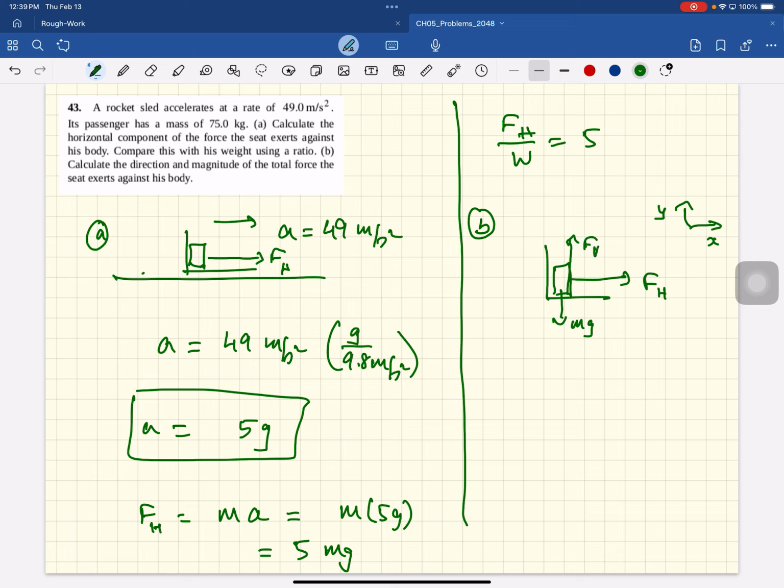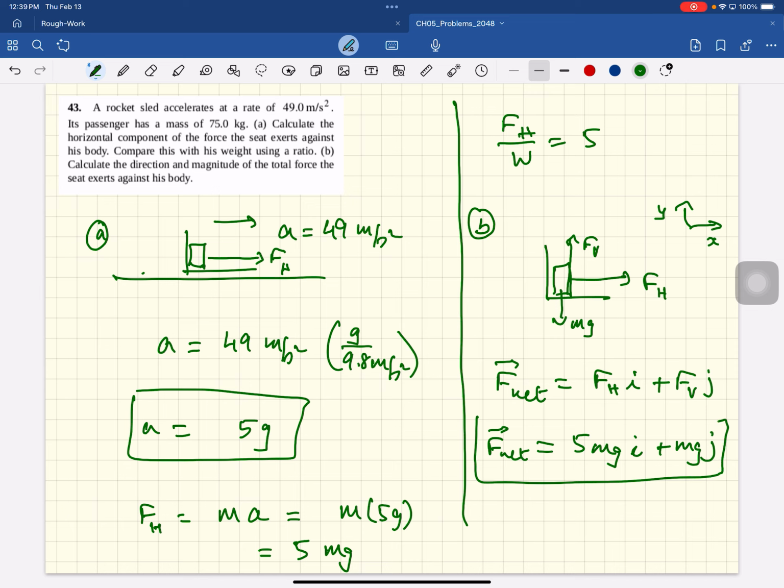So the net force on the passenger exerted by the seat is F horizontal i plus F vertical j, 5 mg i plus mg j. The vertical force is equal to the weight of the guy.